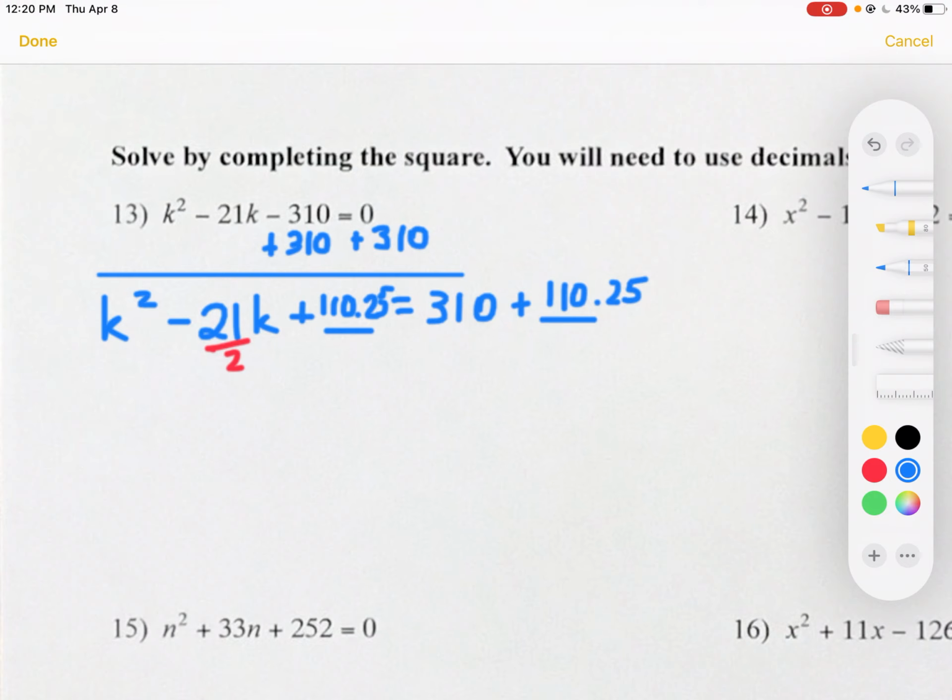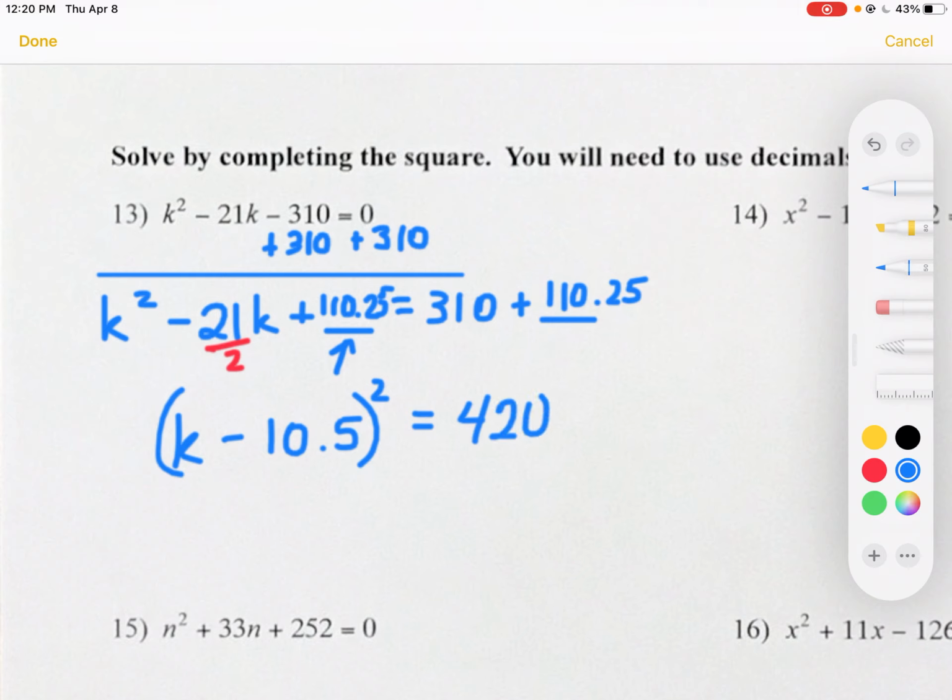Okay, so I'm going to take the square root of this number, factor it. It's going to be k minus 10.5 parentheses squared. On the right side, I'm taking 310 plus 110.25. That will give me 420.25.